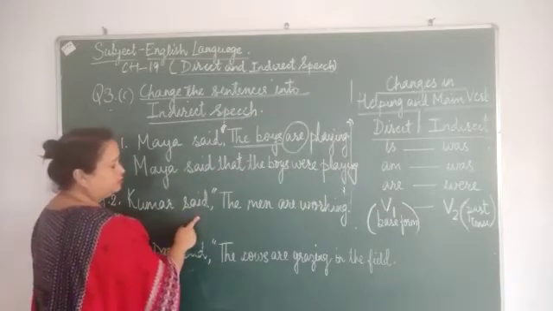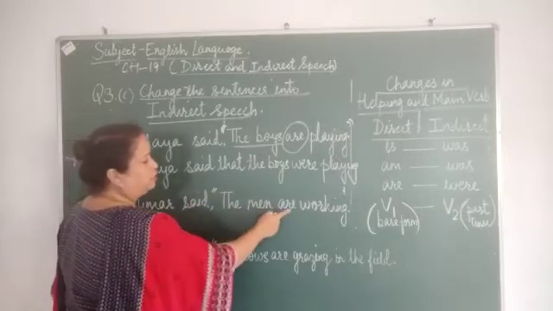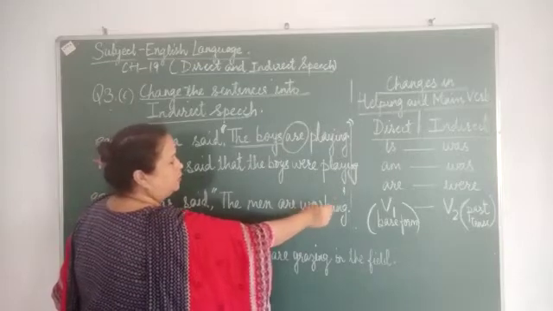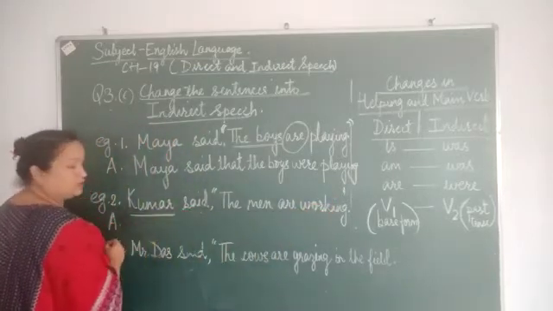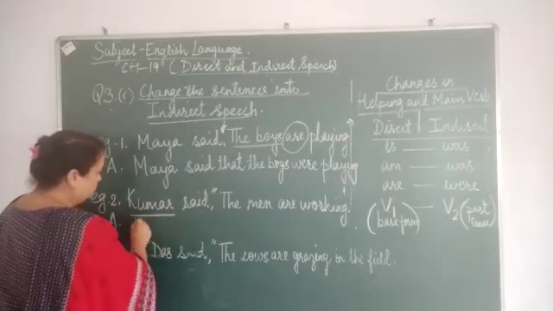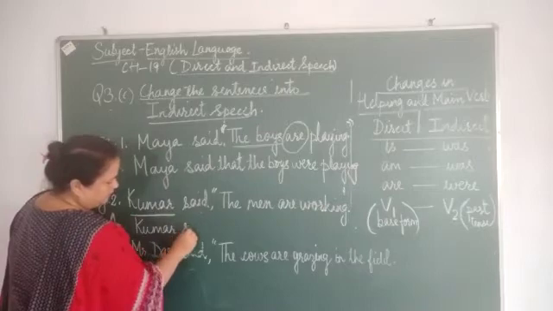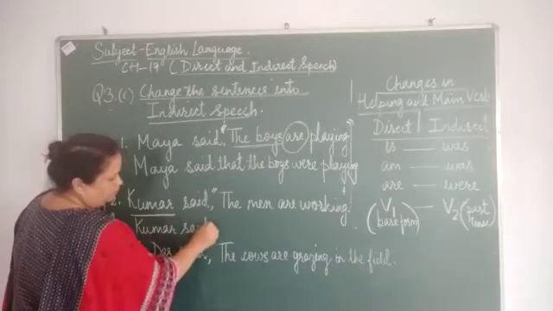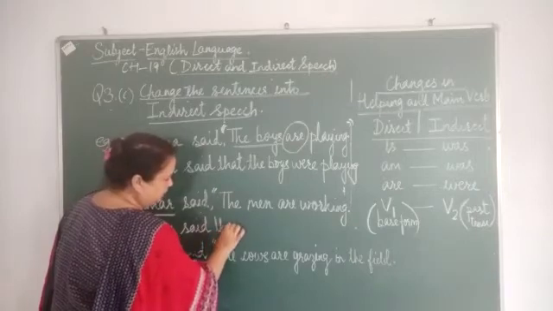Kumar said, "The men are working." So who is saying the sentence? Who is the narrator? Kumar is the narrator. And we will write said. Now after removing the inverted commas, we add that.